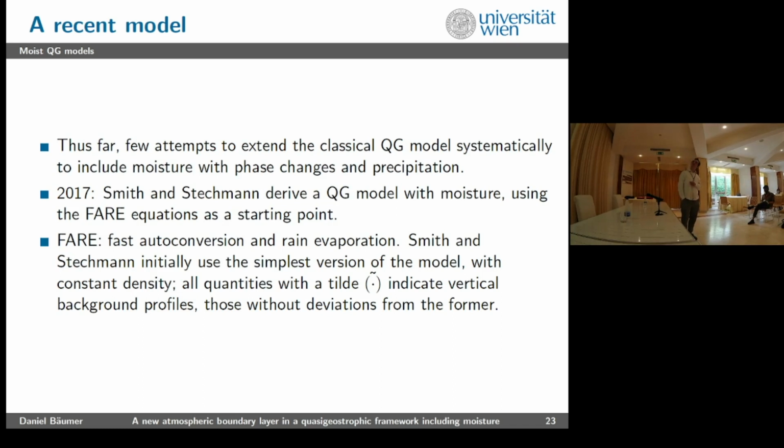So, one of the more recent attempts was in 2017 by Leslie Smith and Sam Stechmann, who derived the QG model with moisture using the so-called FAIR equations as a starting point.